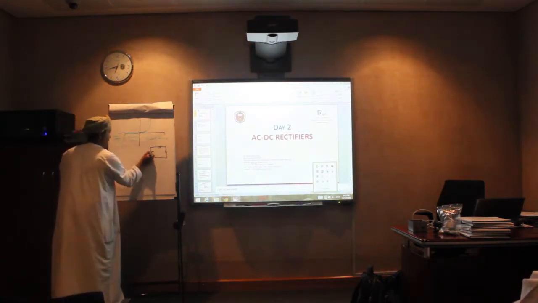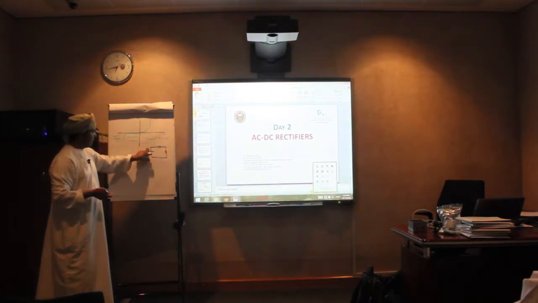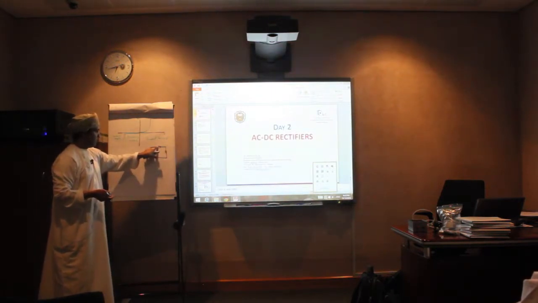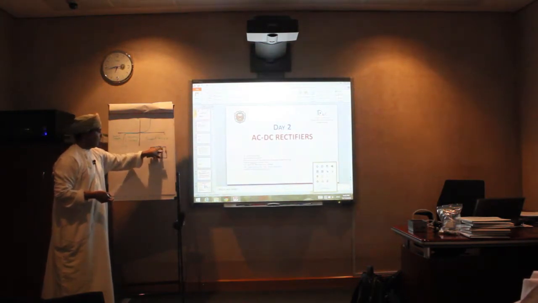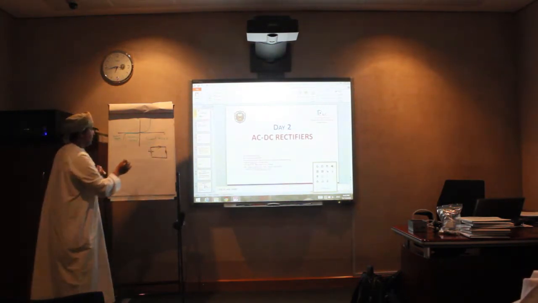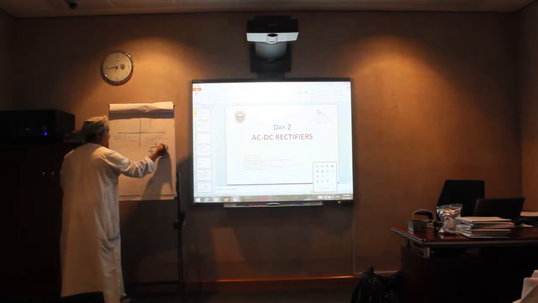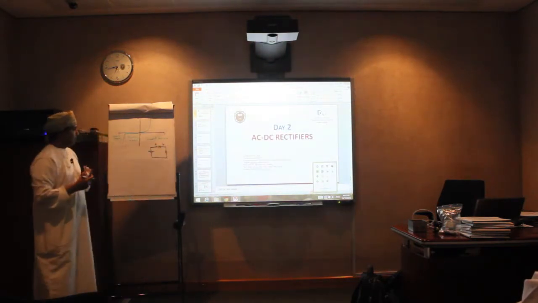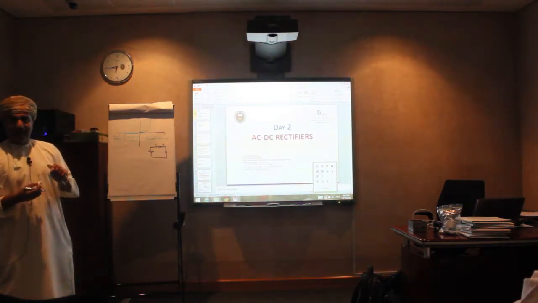And the polarity, this is negative, this is positive, right? If I'm looking at that through that node here, it is exactly the same as that one. So if I call this terminal of the diode the anode and this the cathode, in this case, at which point is the voltage higher, the anode or the cathode?